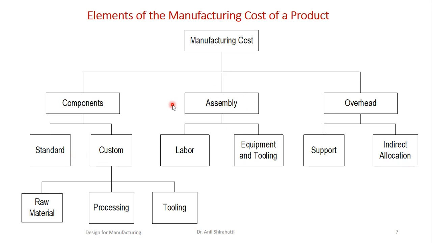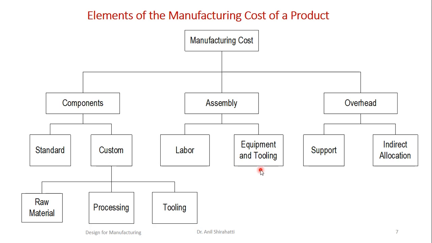Next is the assembly. Any assembly consists of two costs: one is the labor cost, next is the equipment and tooling cost. You have to create the components such that they are very easy to assemble. In this case also, as we saw with the components, if I'm using all M20 nuts and bolts, it will be very fast for labor to do the assembly.